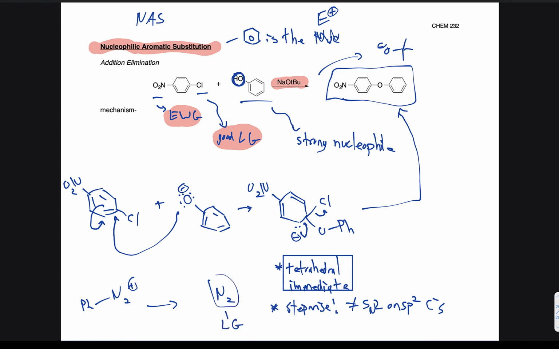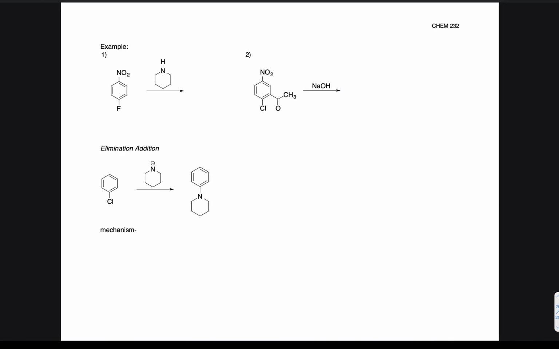So again, these are the conditions we need: strong nucleophile, good leaving group, and electron withdrawing group on the benzene, because otherwise we don't really get this happening, or rather, it's harder to, and we'll see an example of that. So we'll do these two problems here in class, where we're going to look at a couple of examples of this nucleophilic addition here, okay?